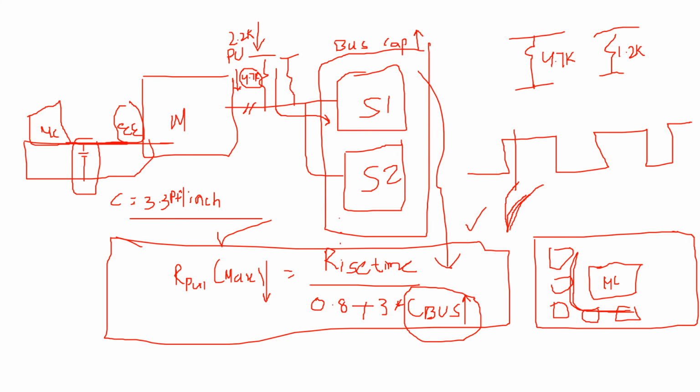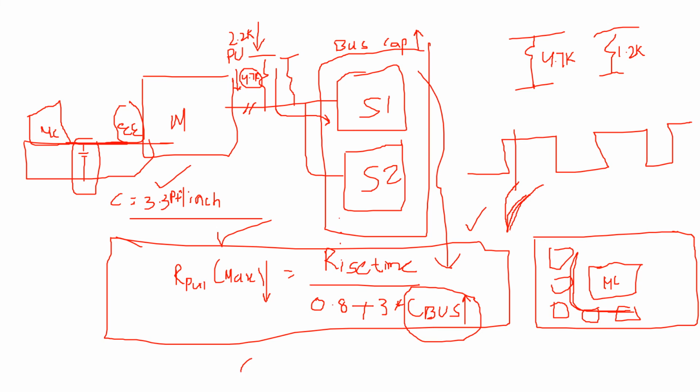This is a standard for a 50 ohm copper trace on a PCB, basically a microstrip. So for every inch of trace running on a PCB, you will have 3.3 pF of capacitance.